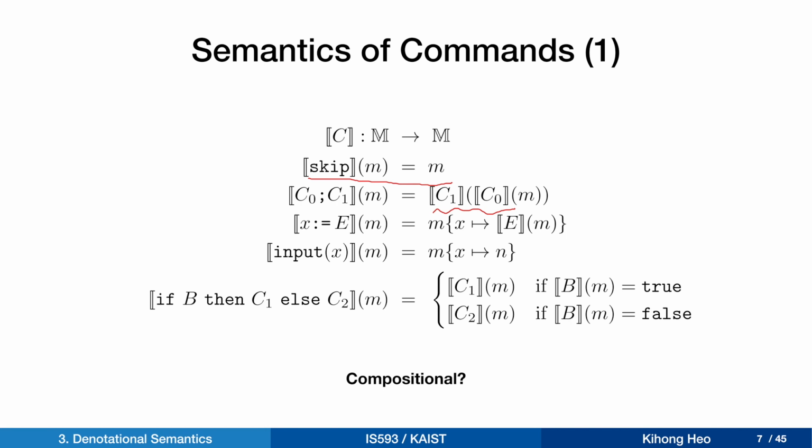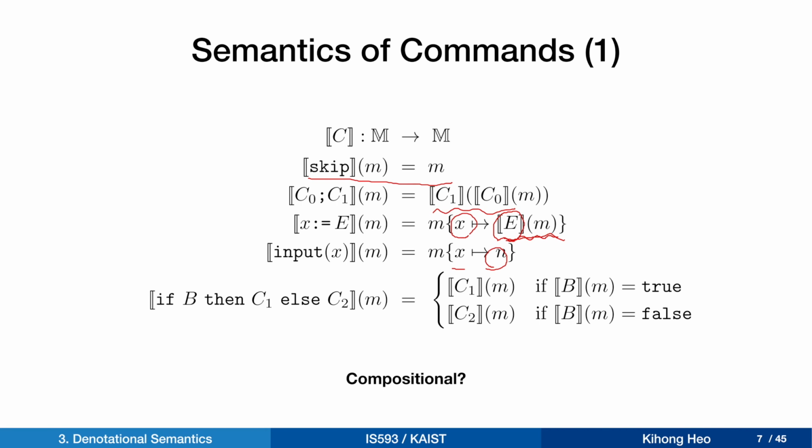The next are the assignment and input commands. These are update functions. They update the value of x to the semantics of the corresponding expression. In the assignment case, the value will be the output of the semantic function of the expression, and in the input case, n will be a value from outside.